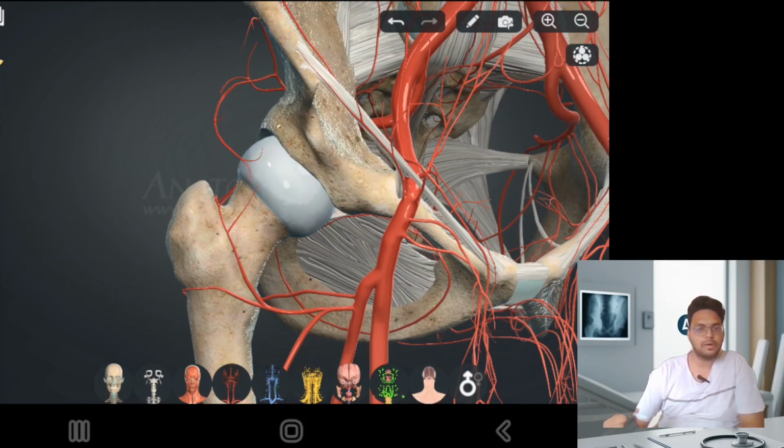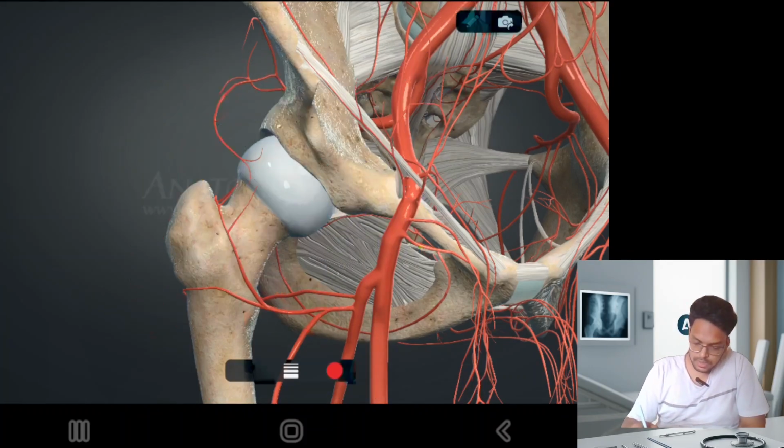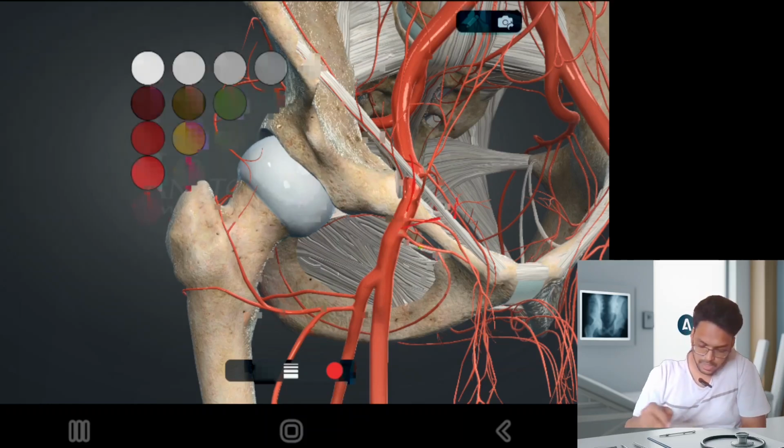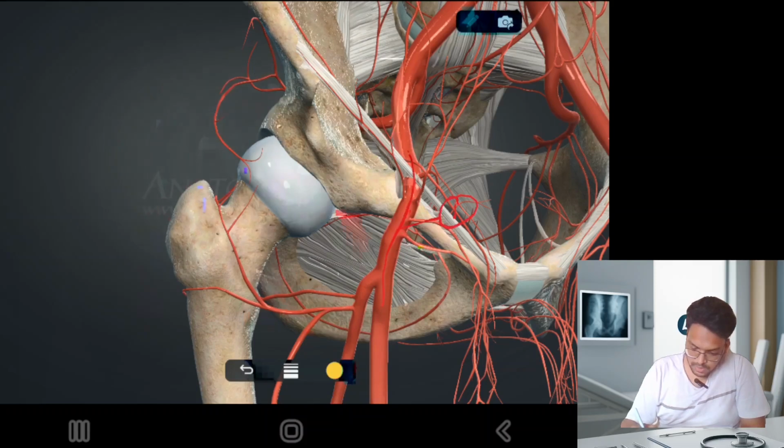Now tell me one by one, what are these arteries? What is this large artery coming here? This is number 1. I think it's not properly visible, let me change the color. Yeah, let me use yellow. Now you tell me, what is this artery? This is number 1.